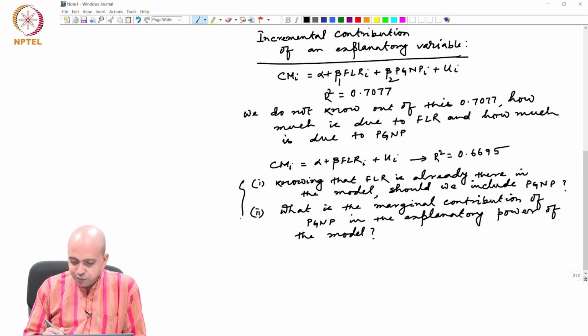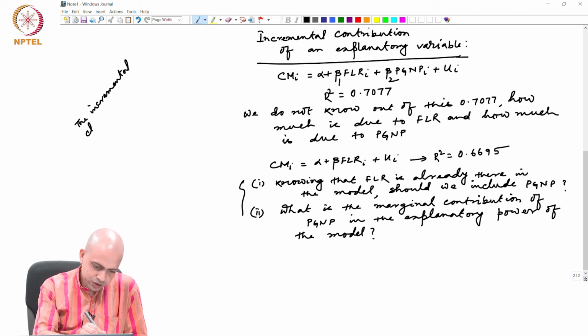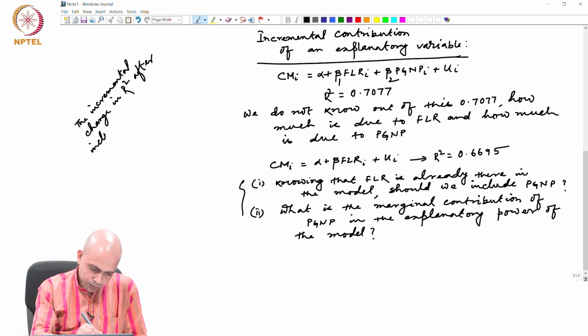So, what is the incremental change in R square after including PGNP in the model?